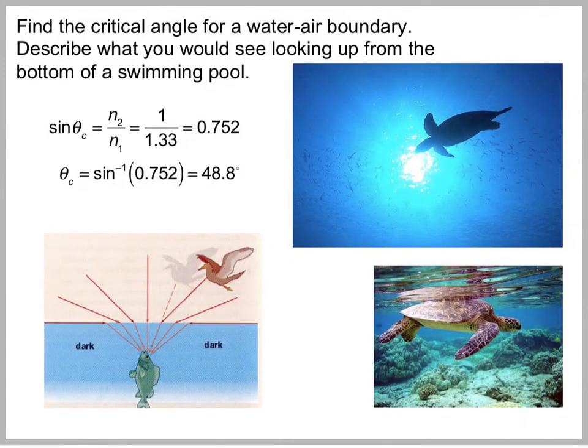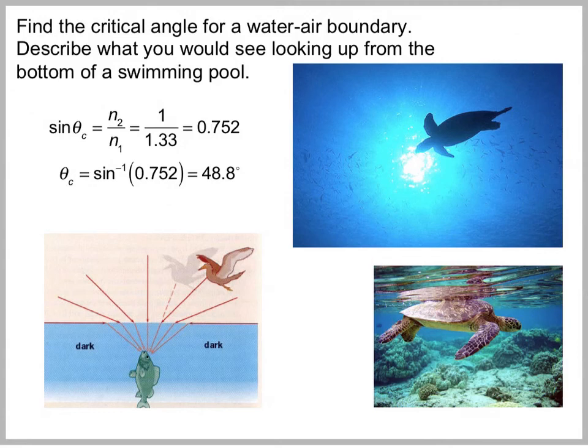So then, as a fish looks up, anywhere off of this 48-degree angle that they can see out is completely dark. It's mirrored. In fact, we see in this picture, looking at this tortoise from the side, that as we look out, the water looks like a perfect mirror. We can't see out of the water because we're not looking up straight enough.